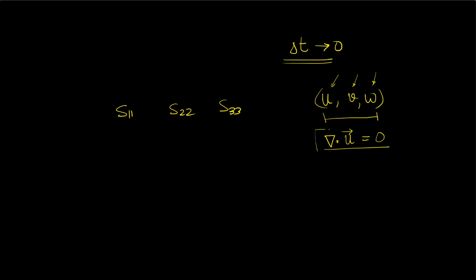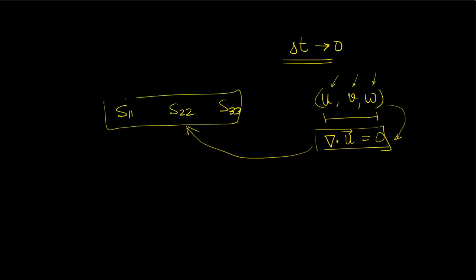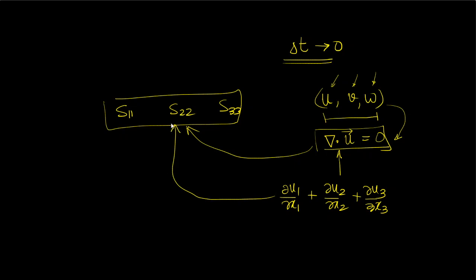So if the velocity is constrained by this equation, one will often find that this is also constrained. This particular expression is del u1 del x1 plus del u2 del x2 plus del u3 del x3, and it relates these three components because you can recognize this as S11, this as S22, and this as S33. So for incompressible flows, this will be equal to 0.